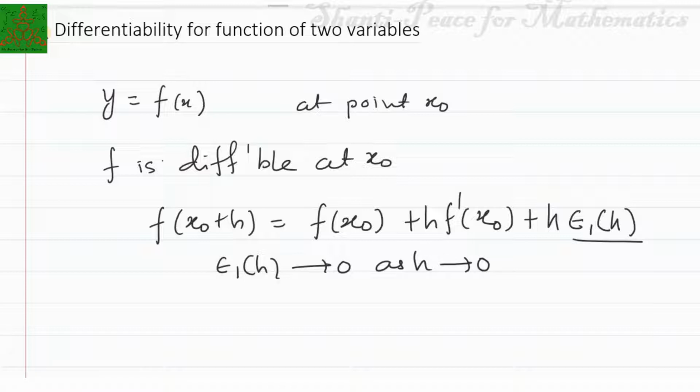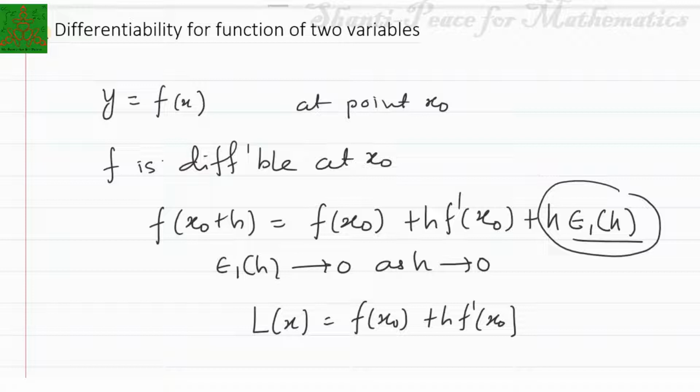The expression L of x, which is f of x0 plus h into f dash of x0, is called the linear approximation, and this epsilon 1 h is the error in that approximation.